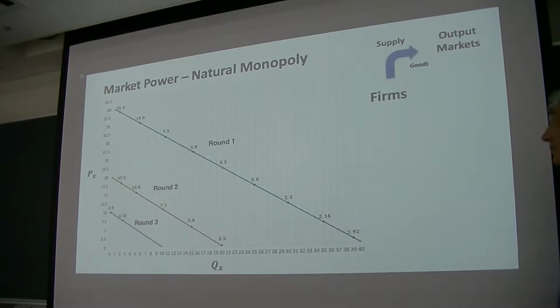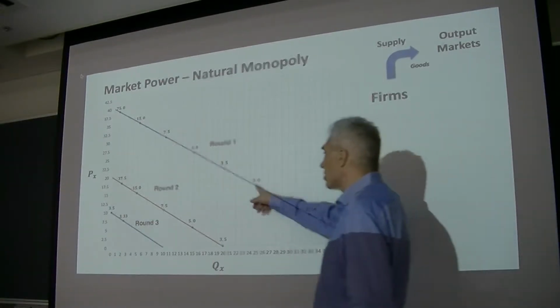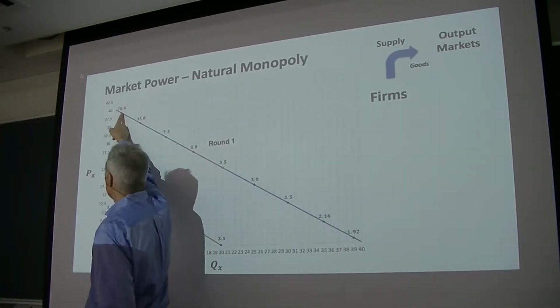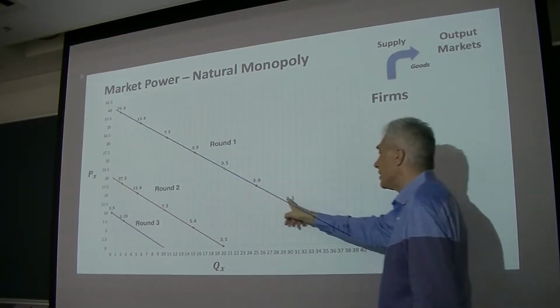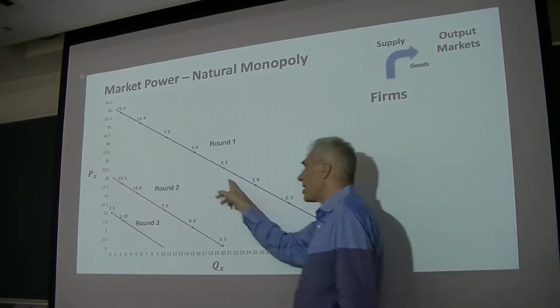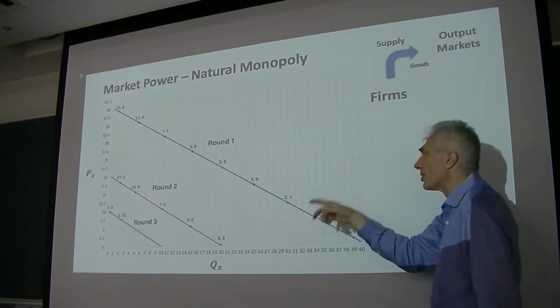This was the demand curve that firm 1 was facing in round 1. This was the total demand curve.